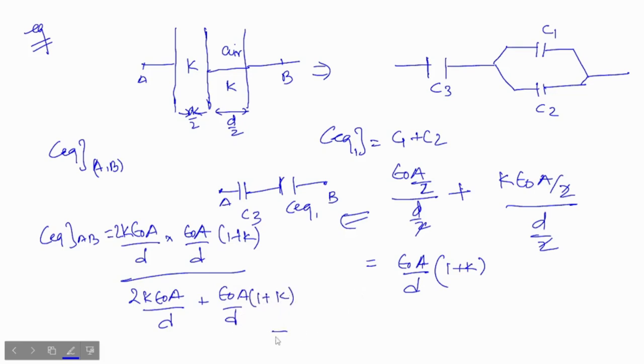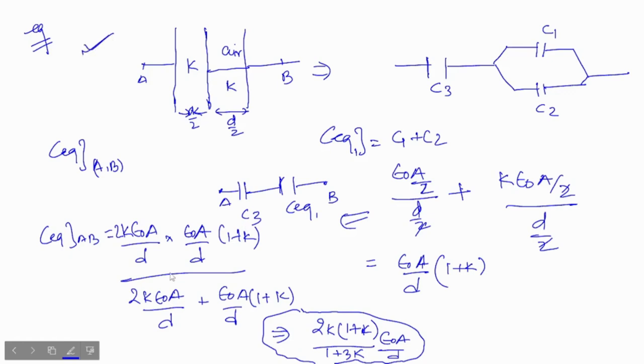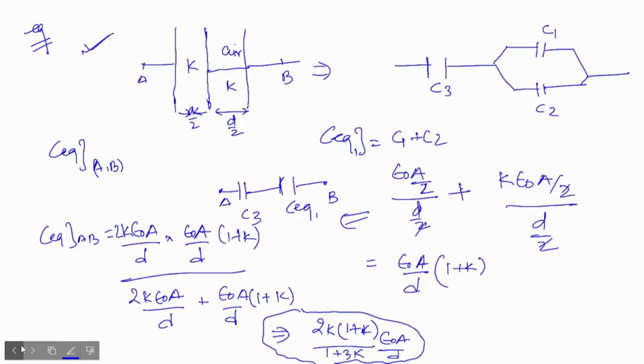On solving this, you will get 2K into 1 plus K upon 1 plus 3K into epsilon naught A by D. This will be your equivalent capacitance between A and B. So this was one of the problems. Practice more like these at your home.